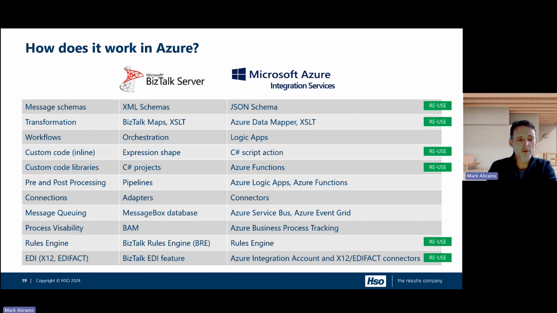So, for example, if you've done BizTalk, you'll be very used to using BizTalk maps for data translation. In Azure, we use the Azure Data Mapper. So essentially the same in terms of that low-code, no-code visual design environment. But the one in Azure Integration Services has been optimized and improved, and in terms of productivity is a lot better than the one in BizTalk.